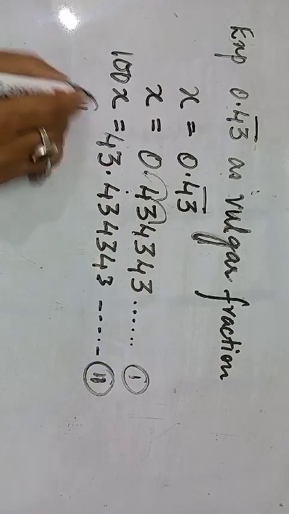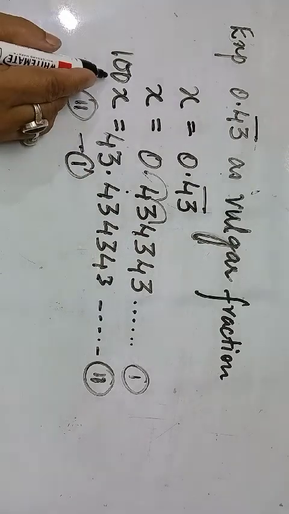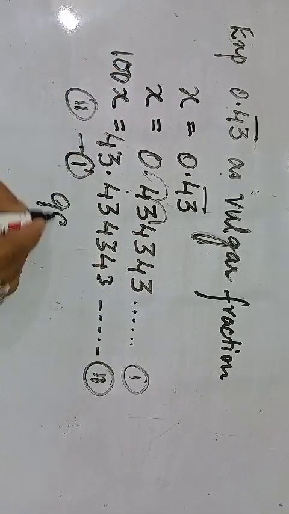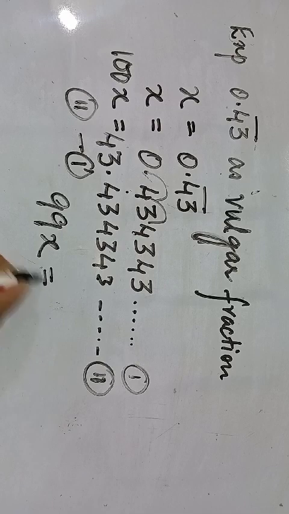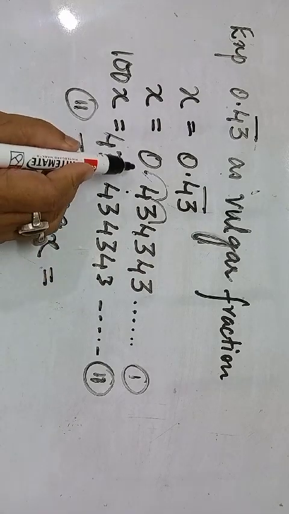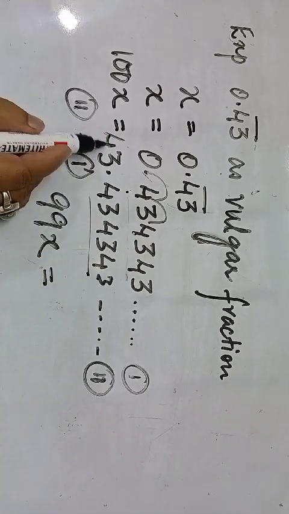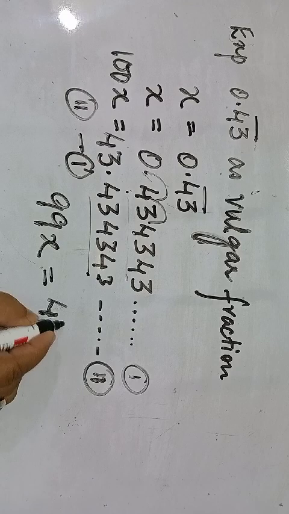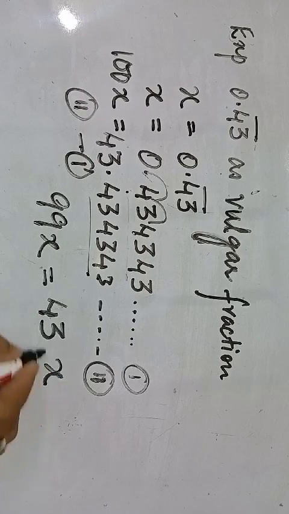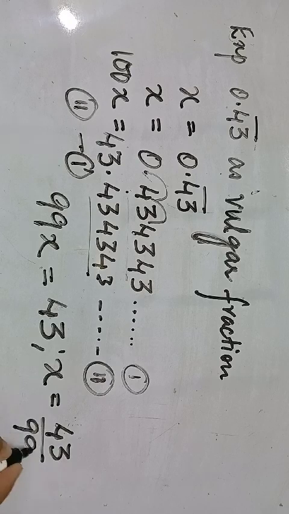When we do 2 minus 1, 100x minus x gives you 99x on the left hand side, equal to 43.434343 minus 0.4343. You see the decimal portions are same, therefore 43 minus 0 you get 43, and therefore you get the value of x as 43 upon 99.